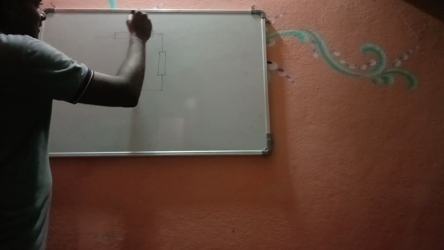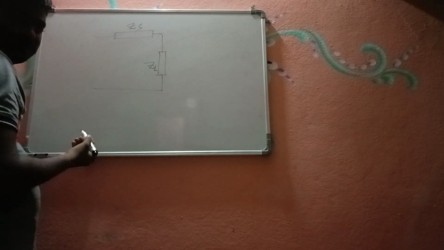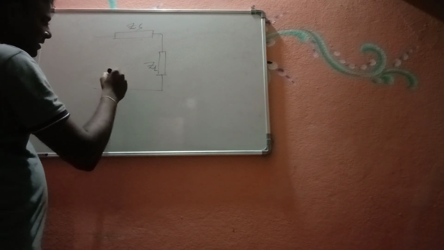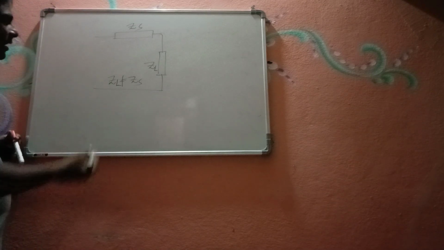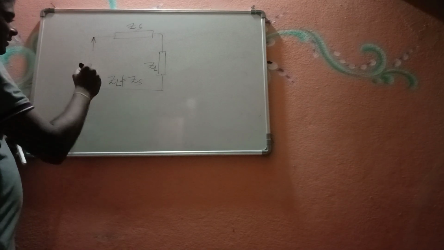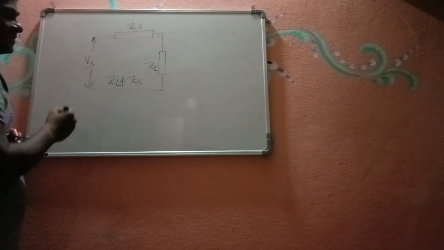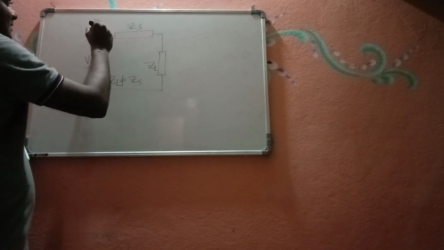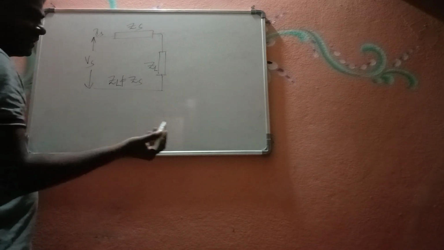This is the surge impedance ZS and this is the load impedance ZL. Here ZL is not equal to ZS. We already know that this is the sending end side, hence I am assuming this voltage as the sending end voltage, and this is the sending end current. You will have a receiving end voltage and receiving end current.